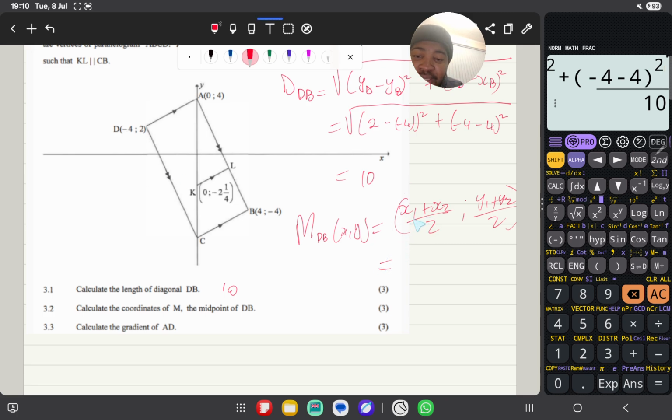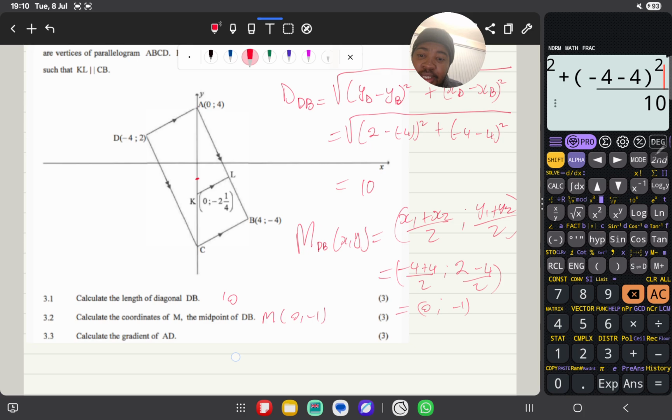Substitution: x is minus 4 plus 4 divided by 2, and you have 2 minus 4 divided by 2, and the value you're going to get is 0 and negative. This is negative 2 and this is negative 1. So here M is (0, -1), so it's going to be somewhere here, right? And then we find the gradient of AD now.